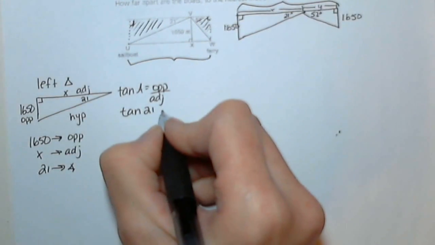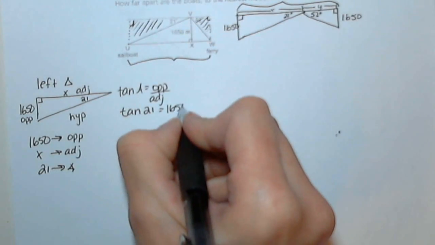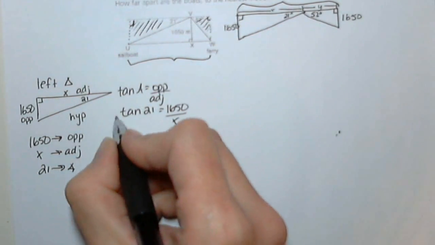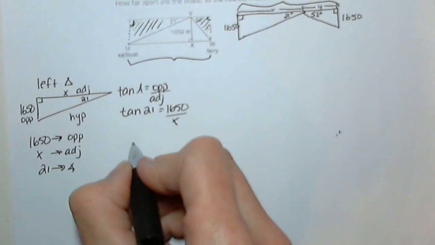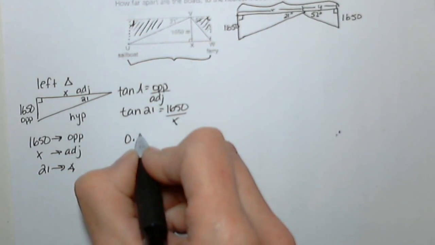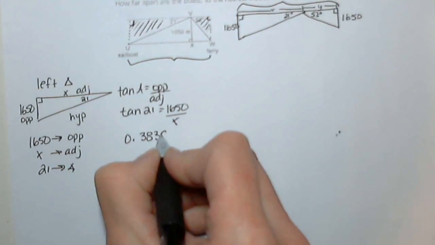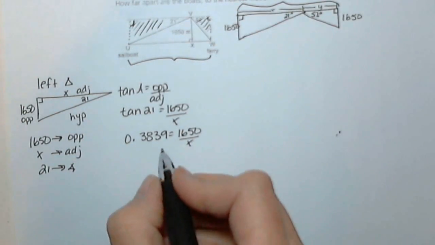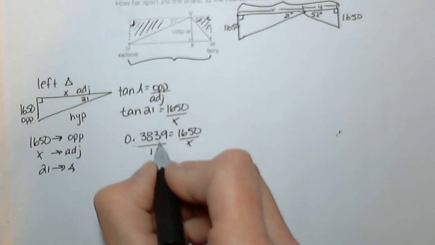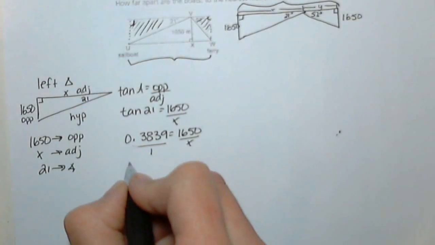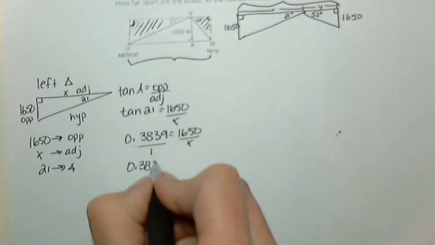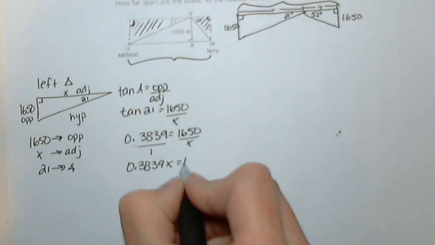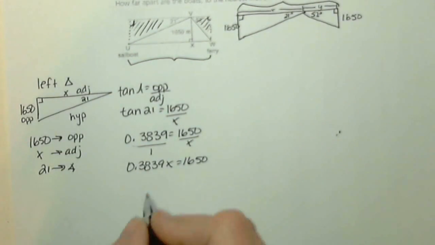The tan of 21 is equal to 1650 over X. Punching in the tan of 21 in our calculator, we're going to get 0.3839 is equal to 1650 over X. Let's put this over 1 and cross multiply. We're going to get 0.3839x is equal to 1650.